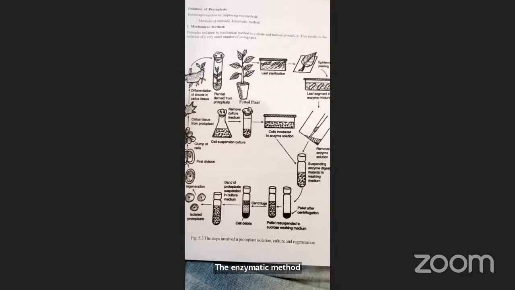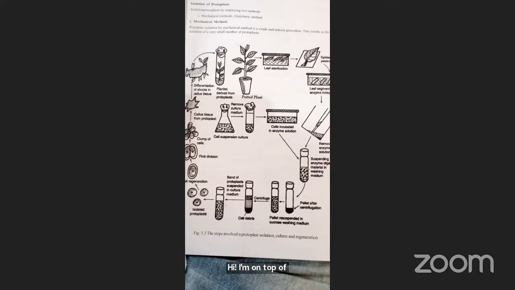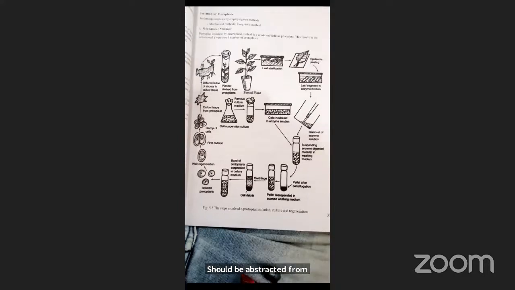The mechanical method isolates a very small amount of protoplast. From the enzymatic method, a high amount of protoplast can be extracted.